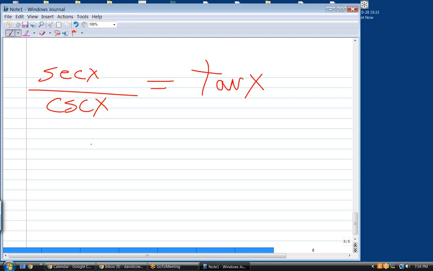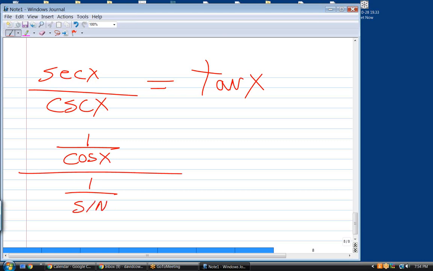What is secant x equal to? Secant x is equal to 1 over cosine. And what is cosecant x equal to? 1 over sine. Now, how do I do that division? Flip the bottom and multiply, just like dividing fractions.